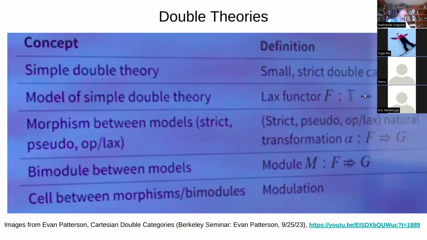So instead of mapping to Set, you're mapping to a category, where each object of the schema double category turns into a category. And each morphism in the schema double category turns into a functor between those categories.